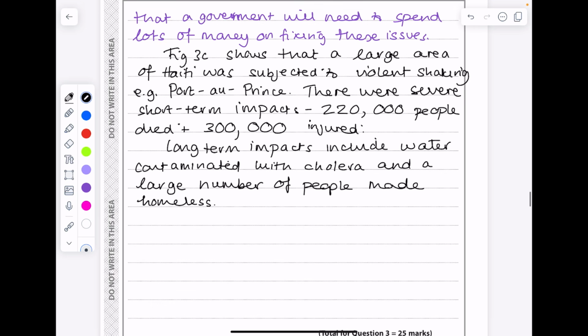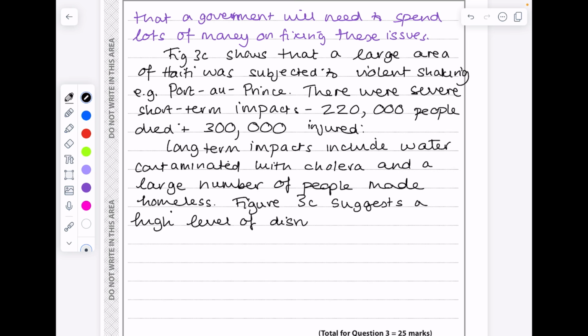You can really point out that figure 3C, constantly refer to the figure so they know that you're using the data, suggests a high level of disruption to infrastructure.